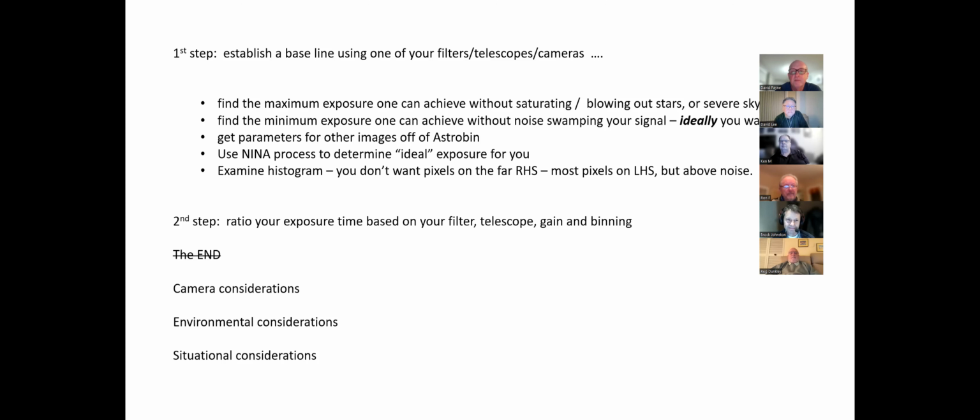Especially with Star Exterminator and Blur Exterminator, these programs are looking for the profile of your stars to identify stars. And if you clip off the tops of their brightness profiles, there's a chance that it will miss them and interpret them as not a star, which can cause some difficulties.